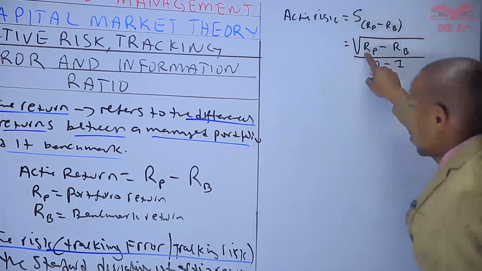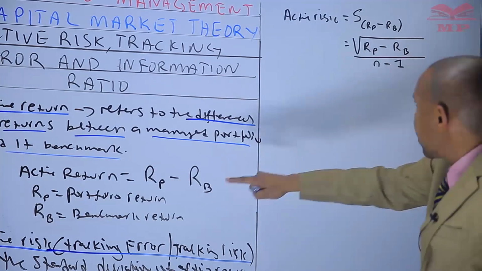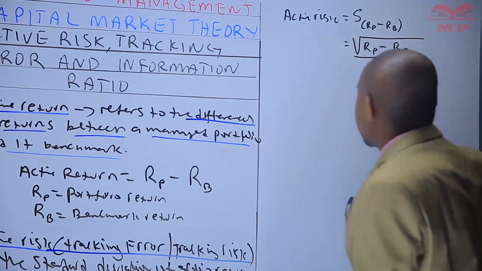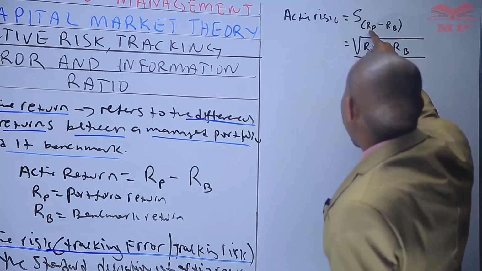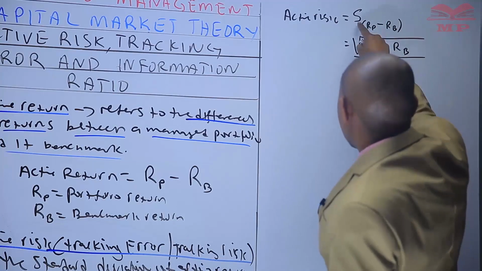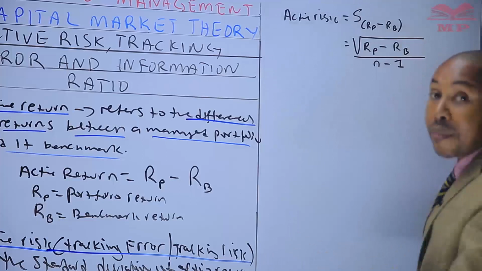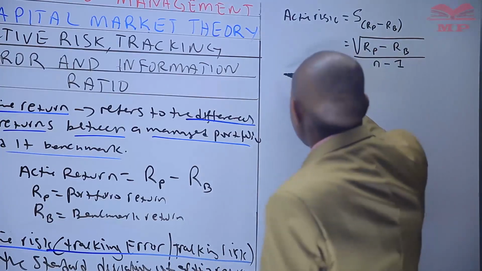Return on the portfolio and return on the benchmark we've already defined. So the standard deviation of active return is what is termed as active risk.